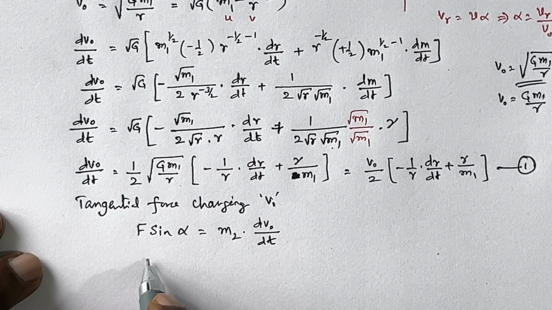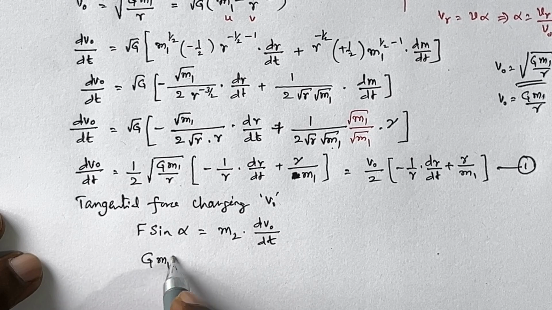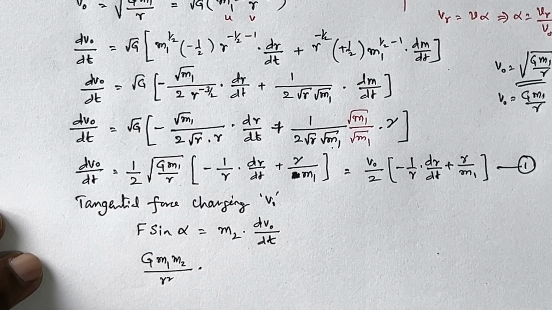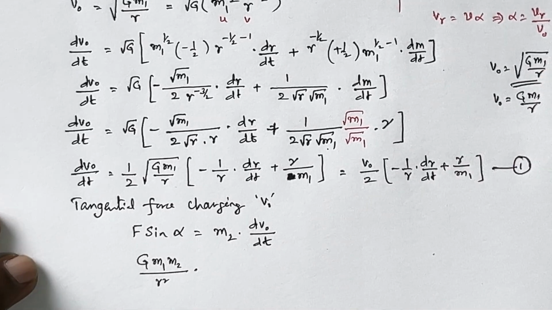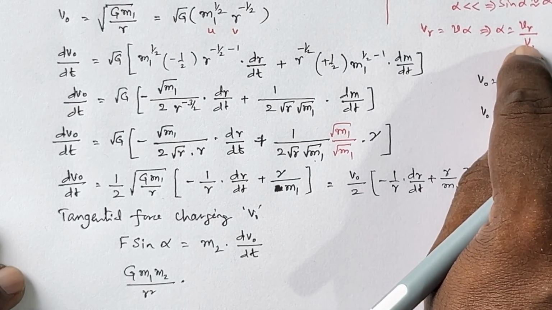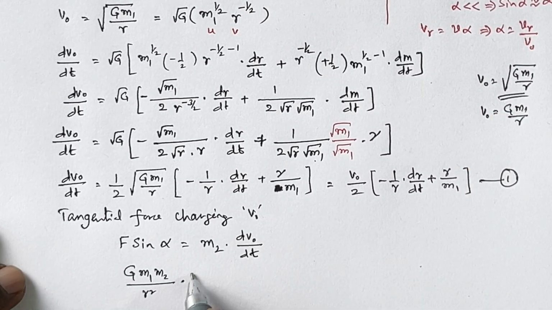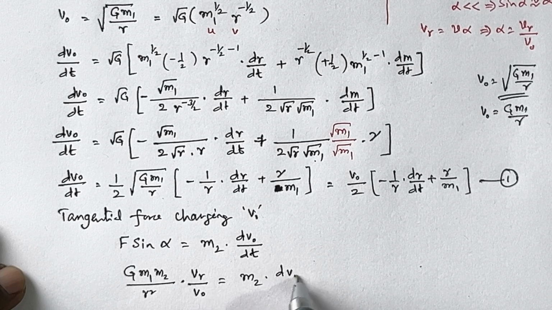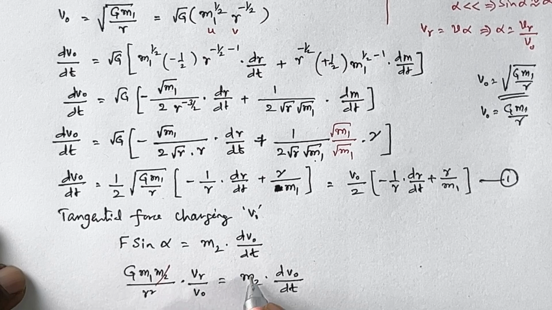The F formula is g m1 m2 by r square. What is alpha? The alpha formula is here, at the right corner it is visible: Vr by V naught. So this is Vr by V naught equal to m2 dV naught by dt. So here m2 cancels.